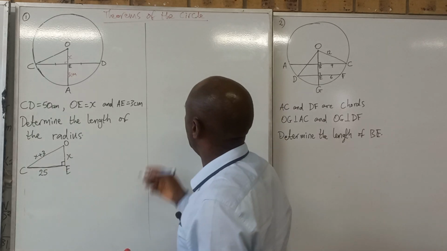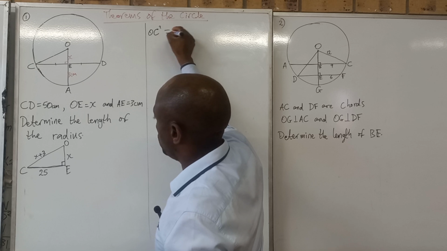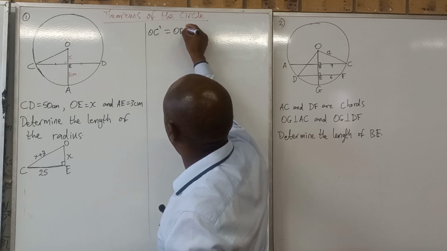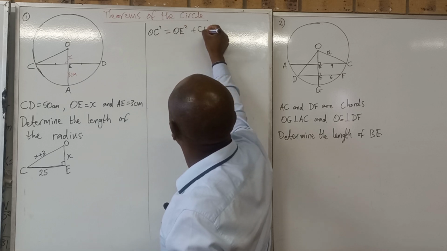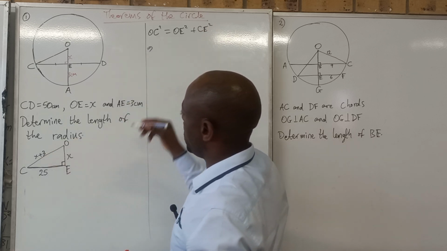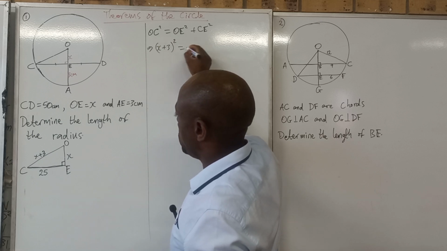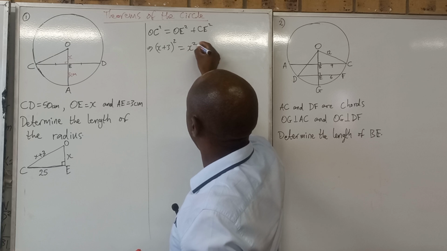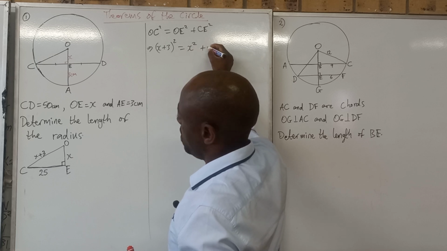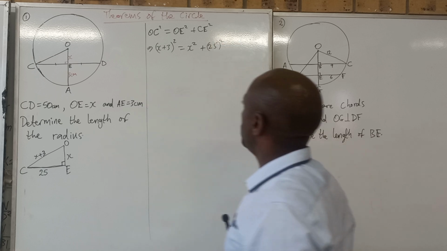So we apply Pythagoras, which says OC squared is equal to OE squared plus CE squared. So OC is X plus 3, squared, is equal to OE, X, squared, plus CE, 25, squared.